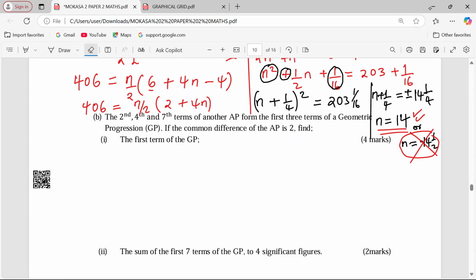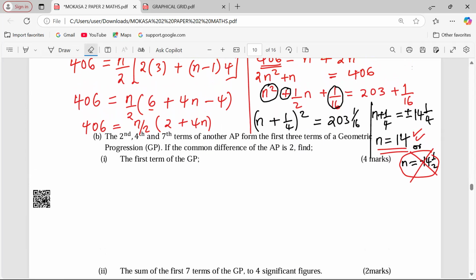So let's work with interpreting first. How do we get the nth term in an AP? In a given AP, the nth term is given by A plus n minus 1, multiplied by D. So the second term that we are talking about should be A plus n minus 1, which means 2 minus 1, then multiplied by D. So that is the second term.